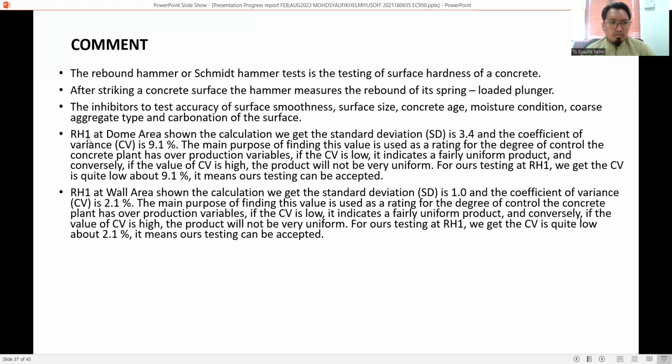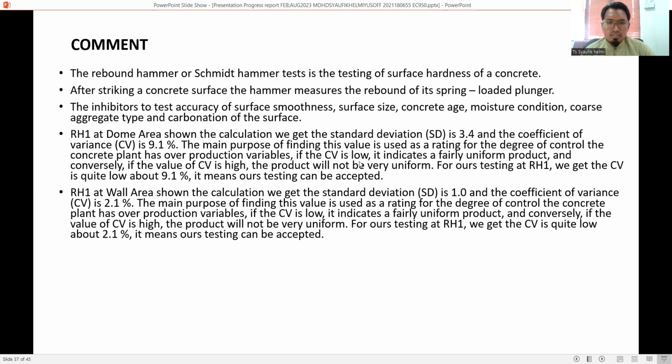Related to RH1 for the dome, we got a standard deviation of 3.4 and a coefficient of variance of 9.1. The main purpose of finding it is for rating the degree of control.